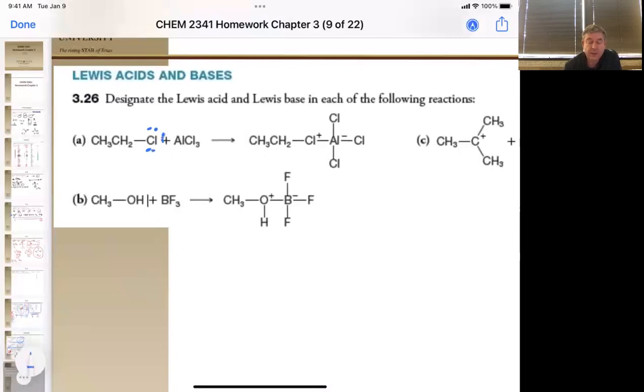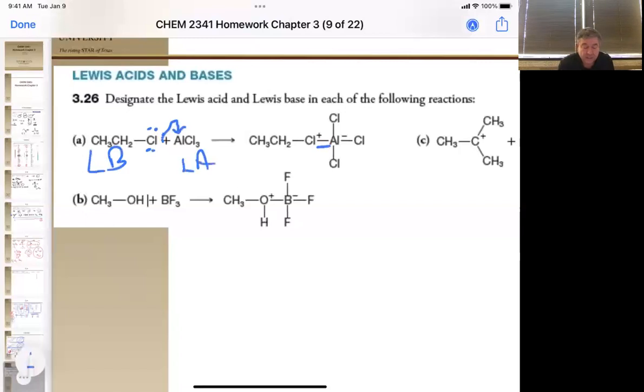So these electrons are going to reach out here and attach to that aluminum. How do we know that happened? Well, in our product here, we see a bond between the aluminum and the chlorine. That means that lone pair from the chlorine is making that new sigma bond with the aluminum. Therefore, this is the Lewis base, and this is the Lewis acid.